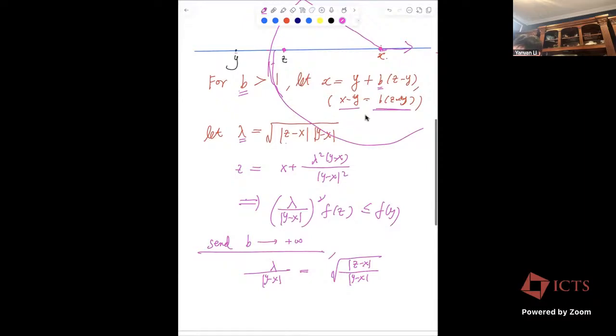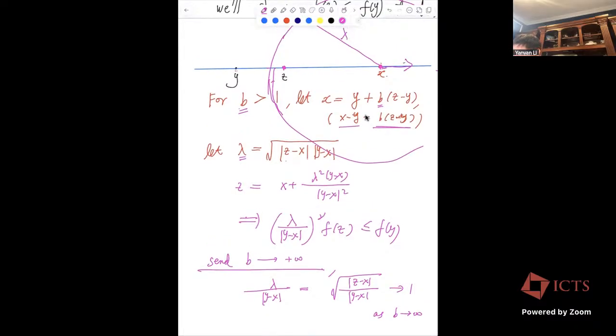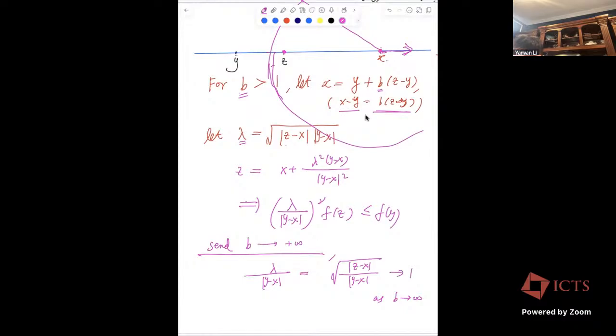So z and y are fixed. So this will go to 1 as b goes to infinity, because when b goes to infinity, this x will also go to infinity, exactly this way. So you send b to infinity in here, and this part will go to 1. So you will have f of z less or equal to f of y.